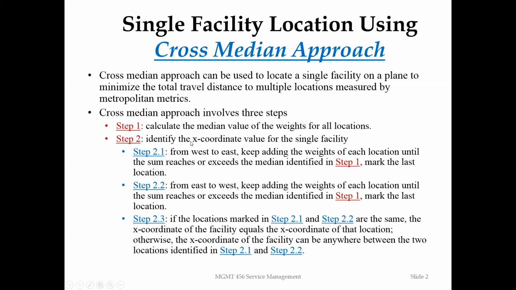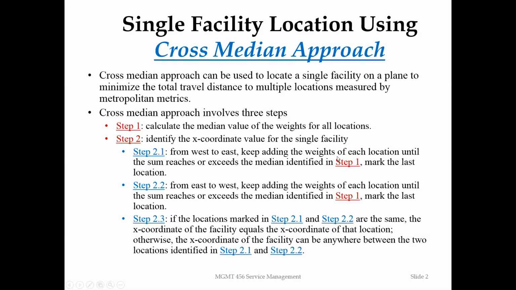For step 2, we want to identify the x-coordinate value for the single facility. Step 2 also includes 3 sub-steps. First of all, going from west to east, you look at the map and the sequence of these different customer locations.